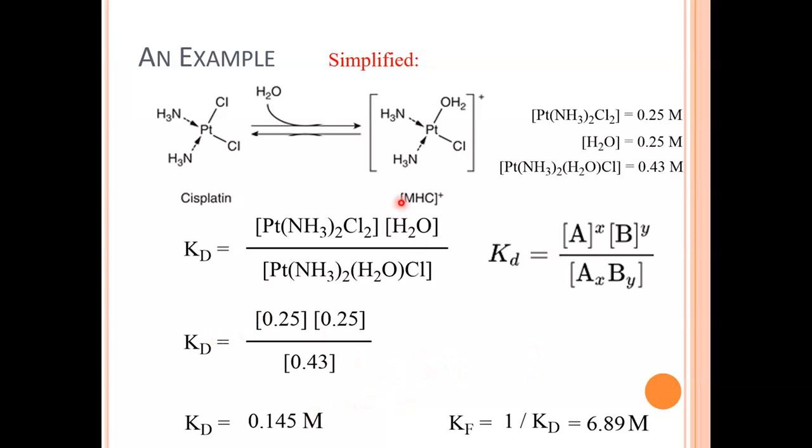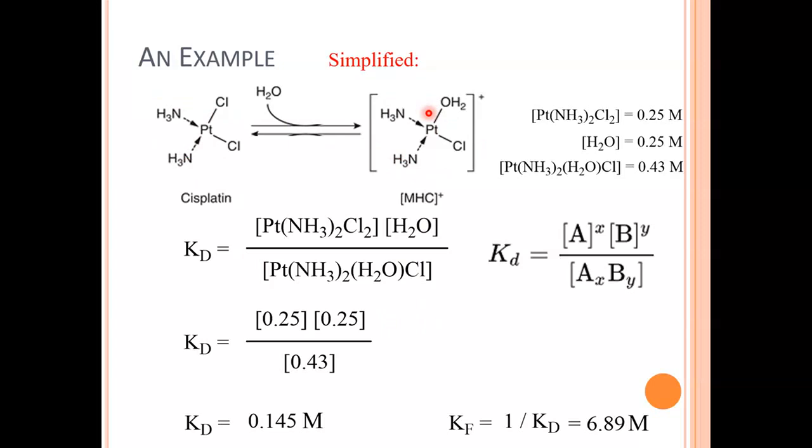So what that means is if you have the ligand, say water, in a concentration of this value, 0.15 molar of water, combined with cisplatin, it will form an equilibrium whereby half will be cisplatin, half will be in this complex. It's kind of like before when we were talking about pKa.